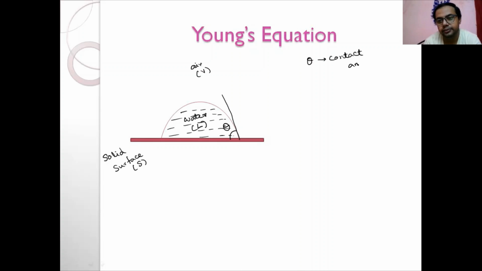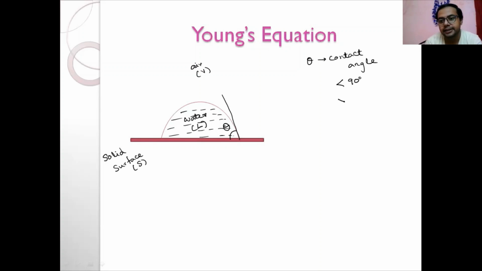If this angle is less than 90 degrees, we can say this droplet is able to wet the surface.